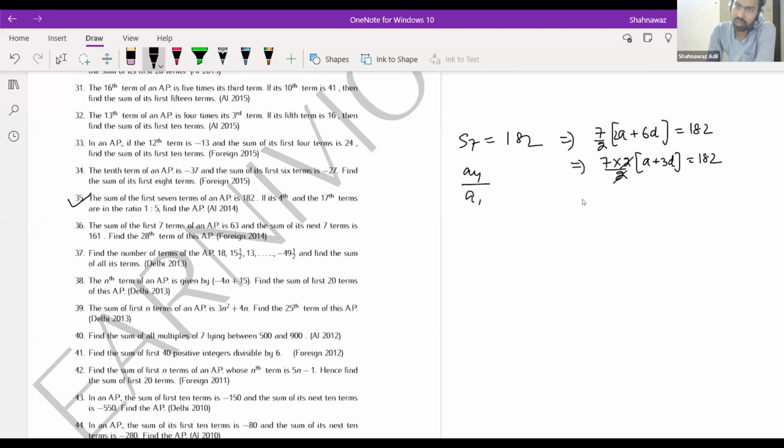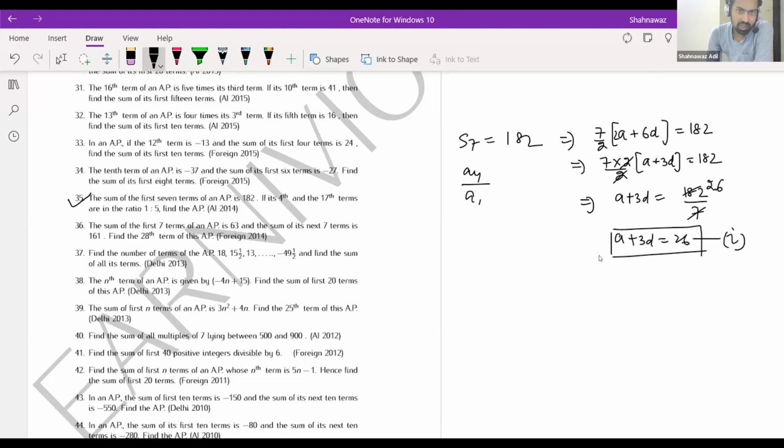So this 2 cancels, and can this 7 cancel this one? So A plus 3D is 182 divided by 7, which is 26. This we know, right? This is the first equation.